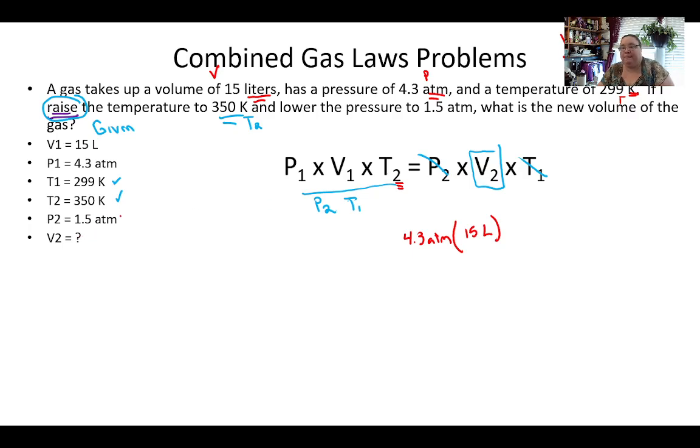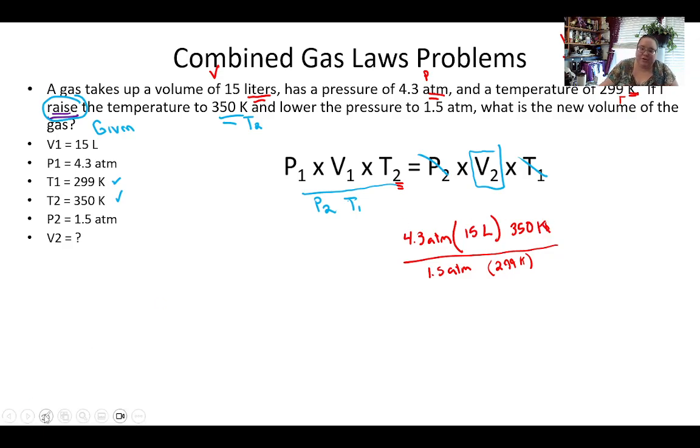T2 is 350. Make certain that it's the T2 on top for this problem. Divided by P2, 1.5 ATM, and T1 on bottom, 299 Kelvin.